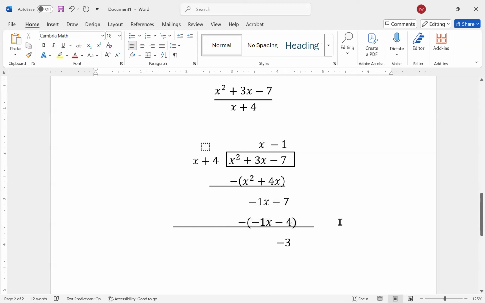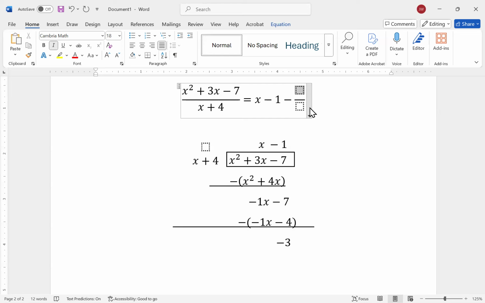So anyways, the point is, we've done this, and that means that when you divide x squared plus 3x minus 7 by x plus 4, you get x minus 1 minus a fraction. Or you could also say plus a fraction. It doesn't matter how you do this.